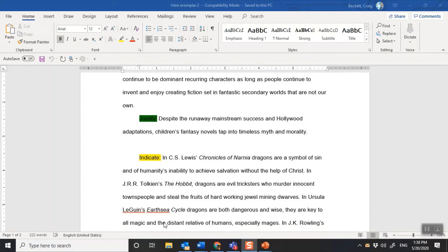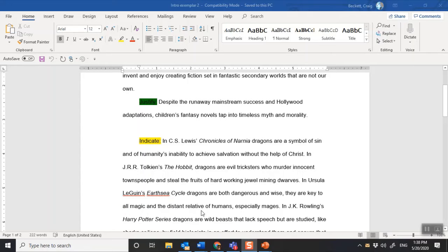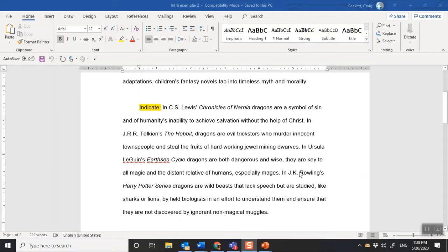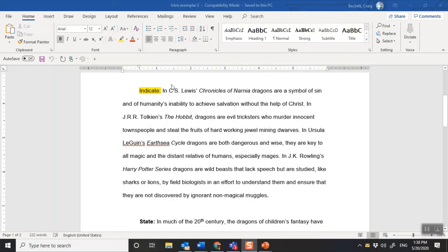They are the key to all magic and the distant relative of humans, especially mages. In J.K. Rowling's Harry Potter series, dragons are wild beasts that lack speech but are studied like sharks or lions by field biologists in an effort to understand them and ensure that they are not discovered by ignorant non-magical muggles. So there's the indicate, the 3 or 4, in this case 4 points.